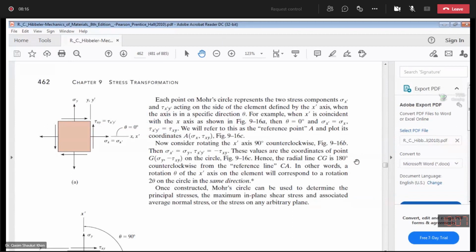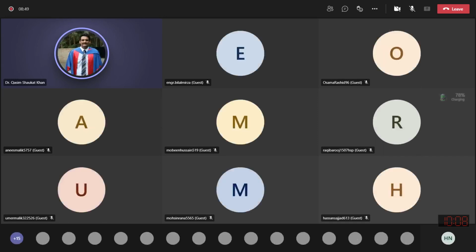Just like your regular x and y axes, this is now normal stress and shear stress. Each point on the Mohr circle has a particular set of normal stress and shear stress values, acting on the side of the element defined by the x dash axis when the axis is in a specific direction. What we are actually trying to say, I think I should draw the figure for clarity.